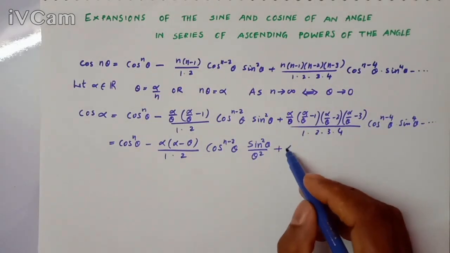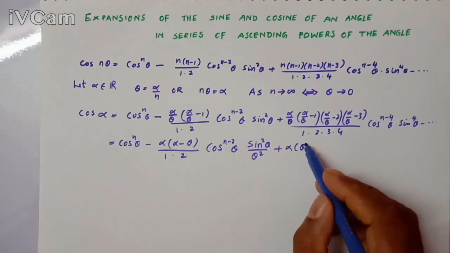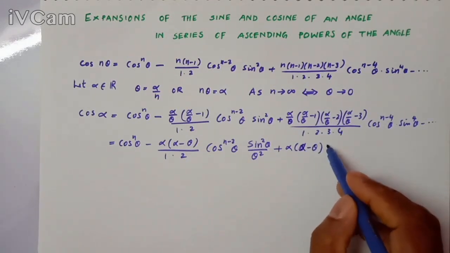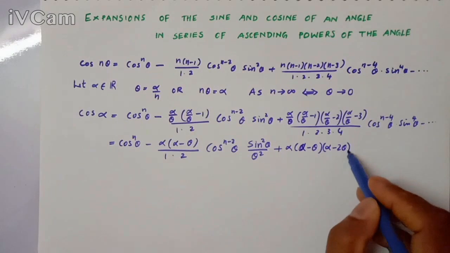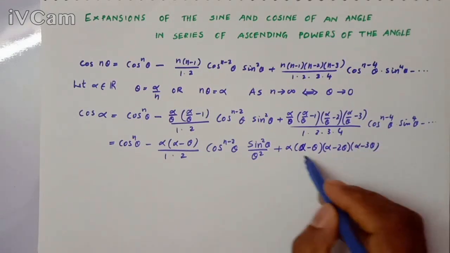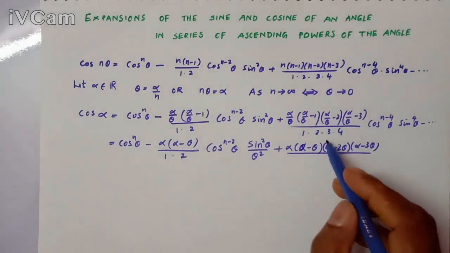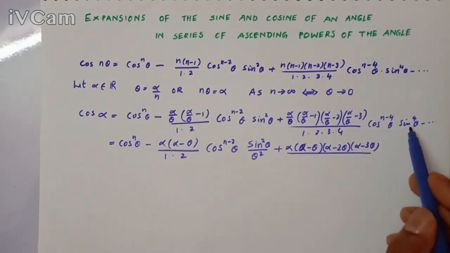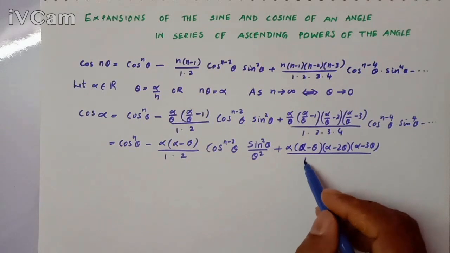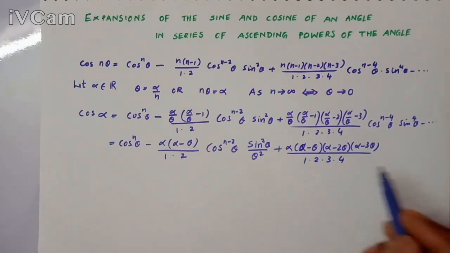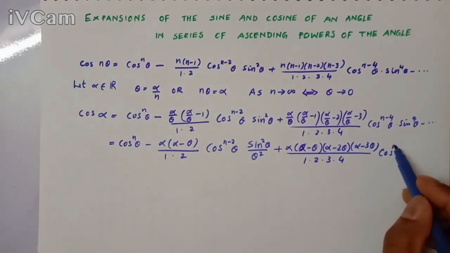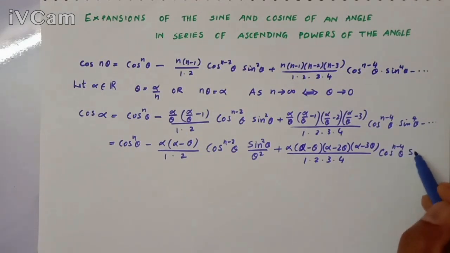So this will be alpha minus theta, alpha minus 2 theta, alpha minus 3 theta. In the denominator we have theta raised to 4. I write that theta raised to 4 along with the sine raised to 4 theta. So this will be 1 times 2, 3, 4, cos raised to n minus 4 theta times sine raised to 4 theta by theta raised to 4, minus etc.